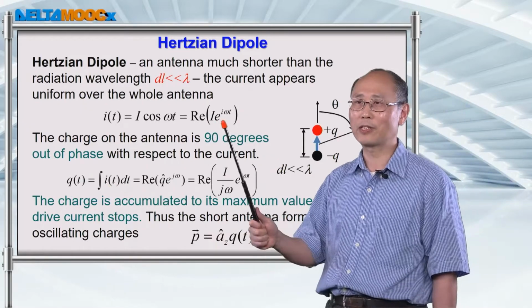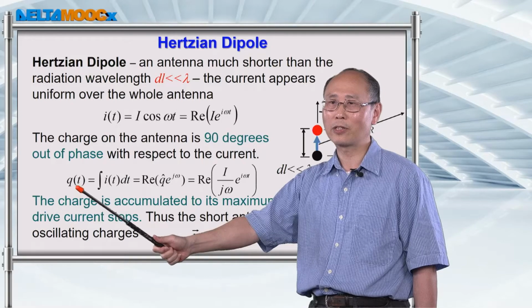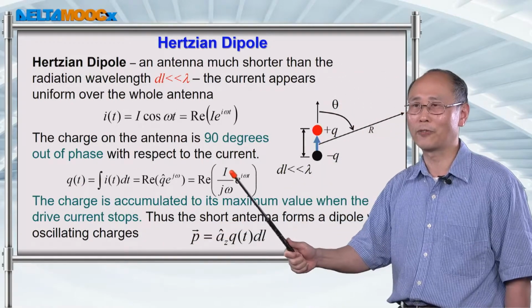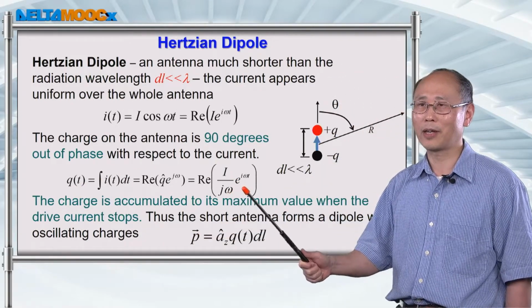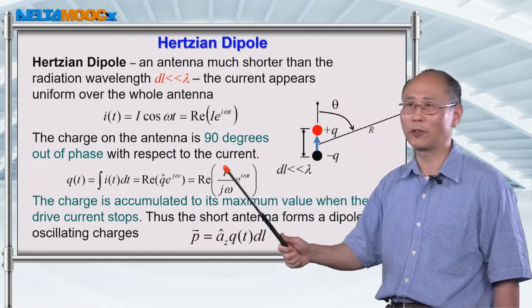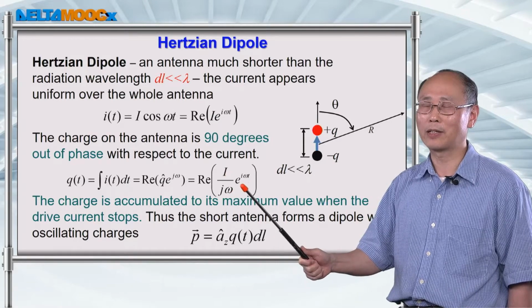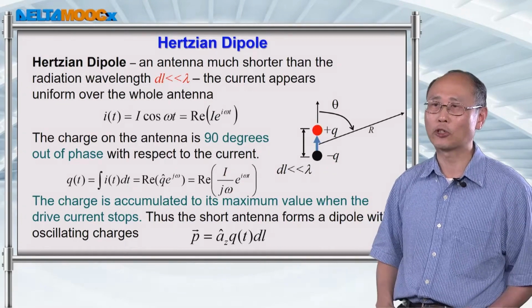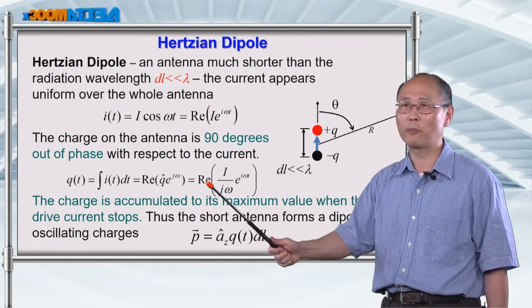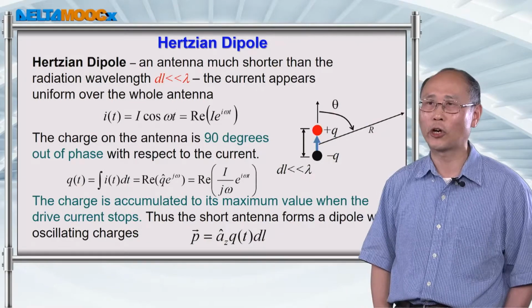So given this phasor expression, you can also relate this charge to the phasor of the current. And so the phasor of the charge is going to be equal to the current divided by jω. And then you multiply this exponential e^{jωt} and take real part of it to get the real function of the charge.